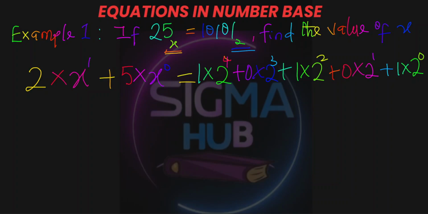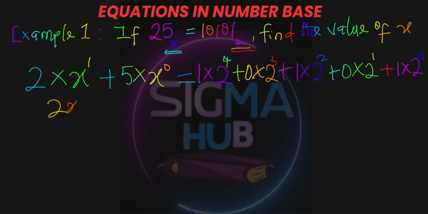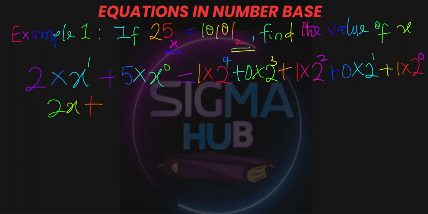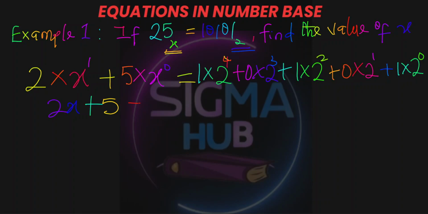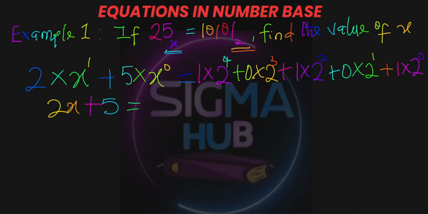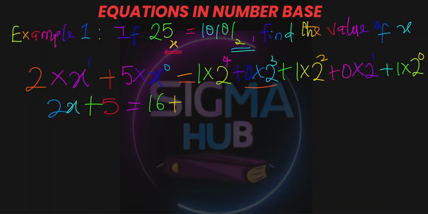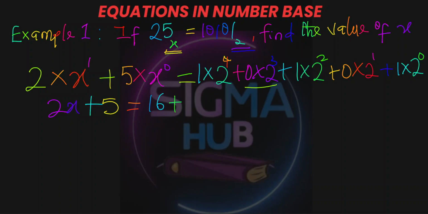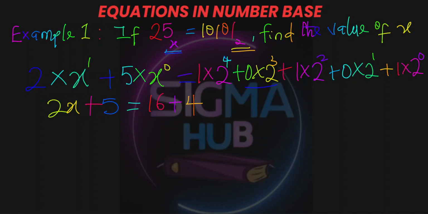So we have x raised to power 1, which is x. x times 2 is 2x, so we have 2x plus x raised to power 0 is 1, and 1 times 5 is 5. This is equal to 2 raised to power 4 is 16, 16 times 1 is 16, plus 0. Then 2 raised to power 2 is 4, 4 times 1 remains 4.